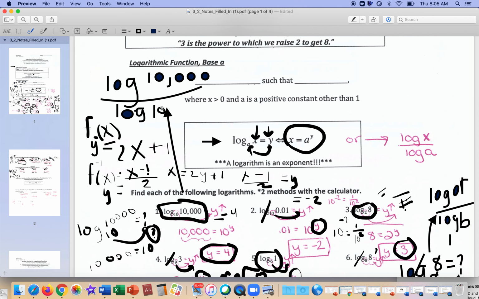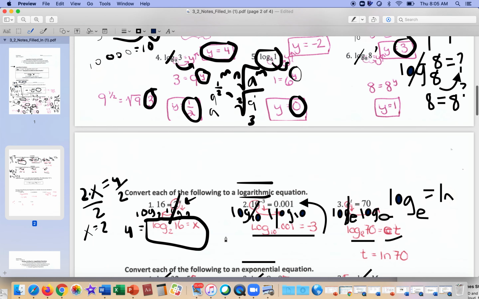And if you type that in your calculator, log of 10,000 divided by log of the base, your answer would say 4. Okay, so that's another way to evaluate with your calculator.